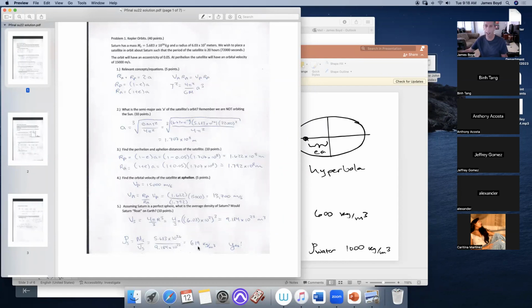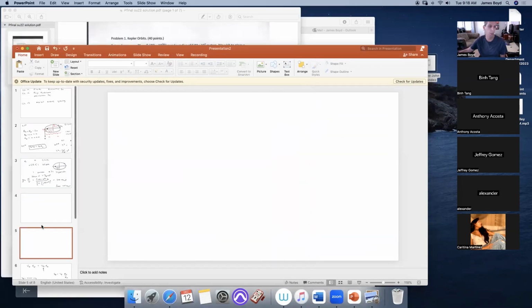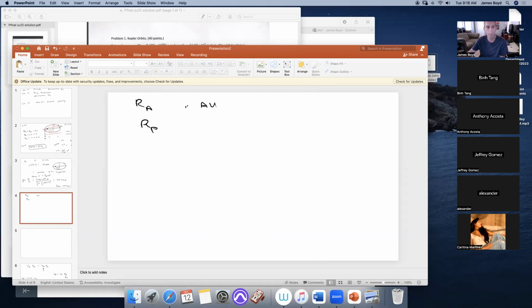So the last thing I want to say is, which we probably will have on the final, if your RA and RP are given in AUs. For instance, Earth, the distance from the sun to the Earth, the average distance or semi-major axis, is 1 AU.